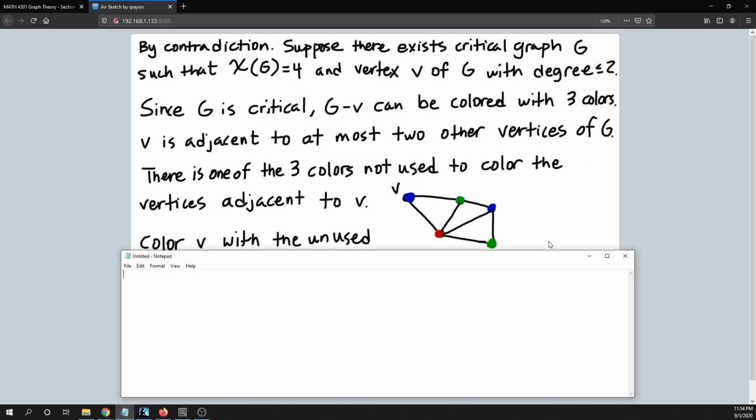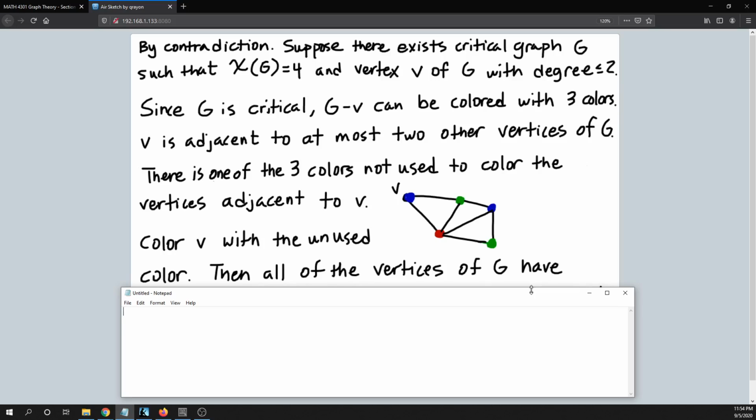Now just think about what we've done. We have assigned a color to every vertex of G. Before, the coloring we started with was only for G minus V, but we colored the vertex V with one of the colors that was used already.